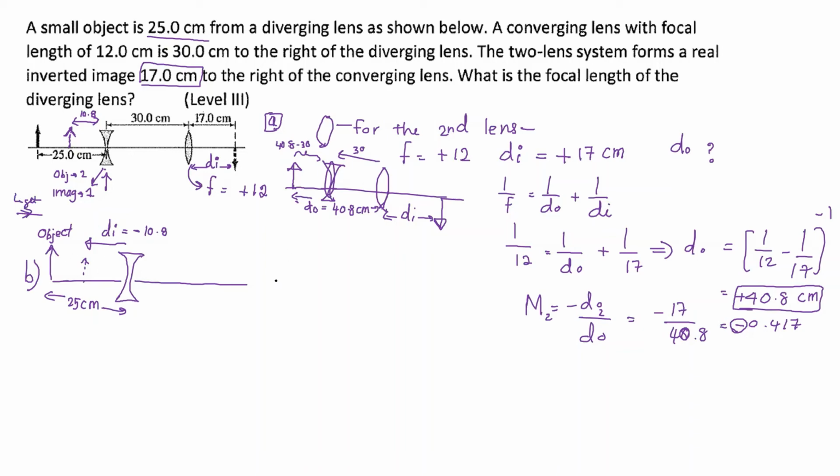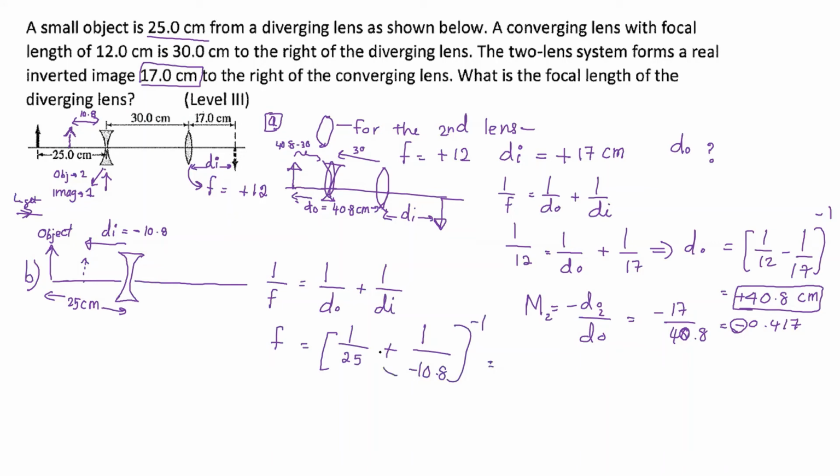So we can use our equation to find the focal length. d naught is 25 and di is negative 10.8.